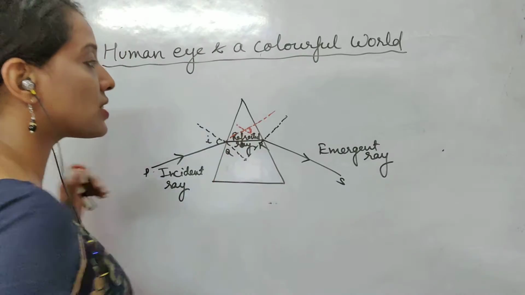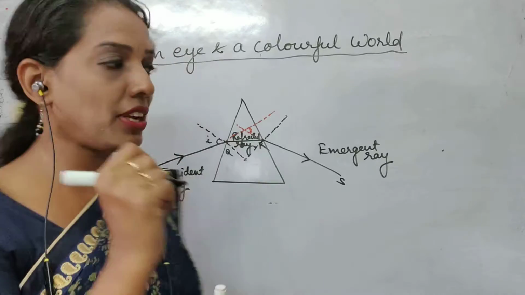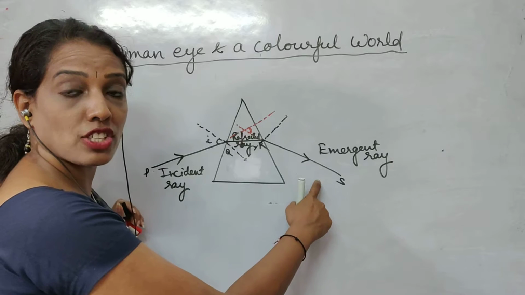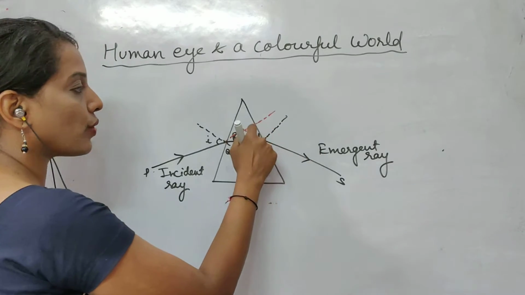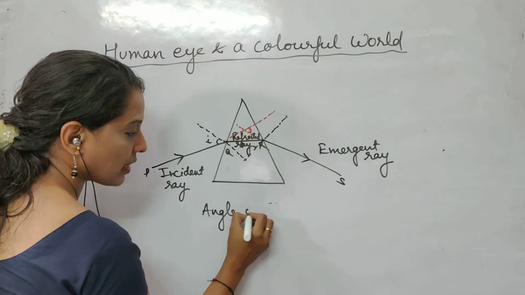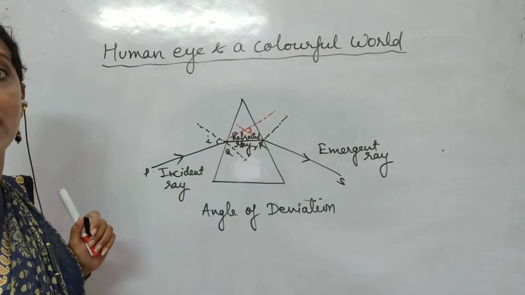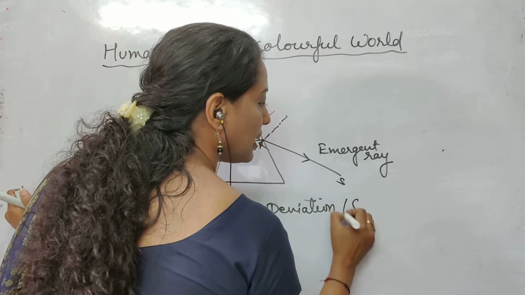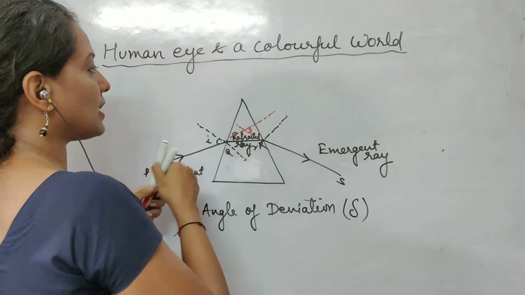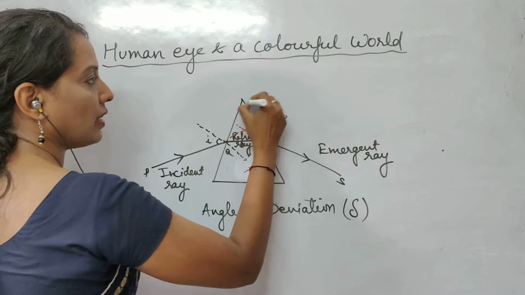This much the ray has got deviated, that is what is called the angle of deviation. So this is the incident ray, this is the refracted ray, this is your emergent ray, and this is your angle of deviation, which we denote with delta. And this is called the angle of the prism.